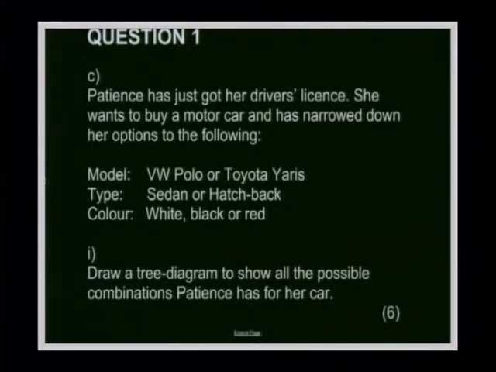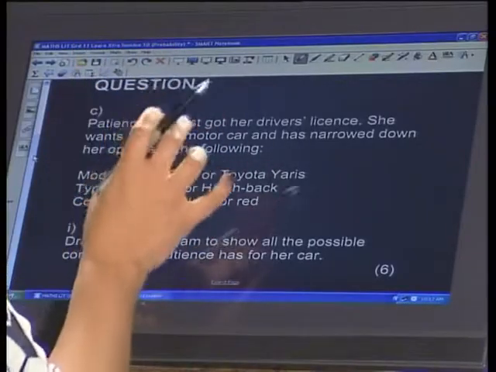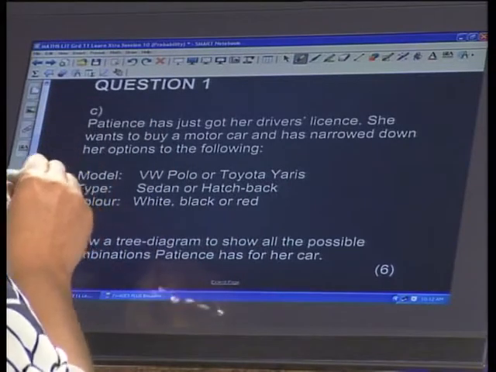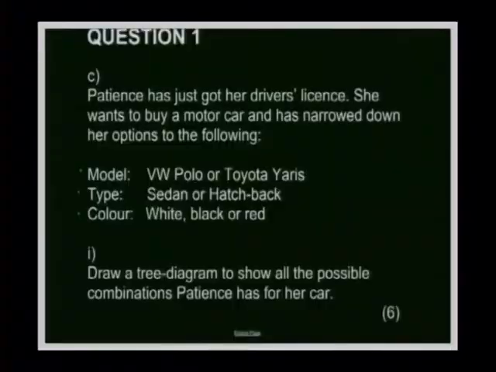So she's got 3 different outcomes, and in each outcome there are different criteria. So we're going to be looking at model, type, and color. Draw a tree diagram to show all the possible combinations that she has for her car. I want you to look at each event separately in this case.